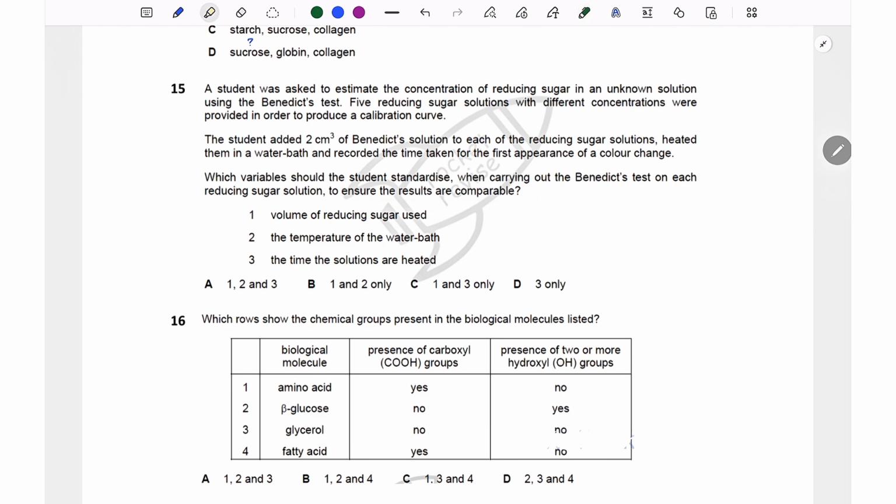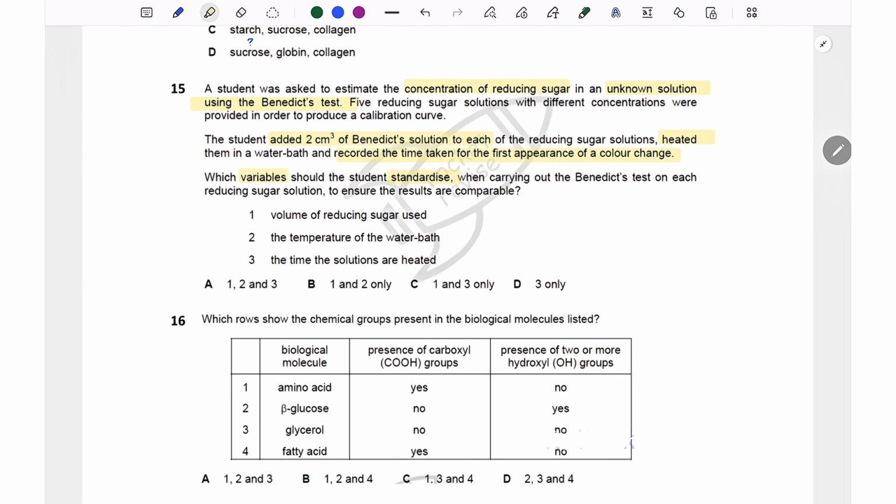So this is the concentration of reducing sugar in an unknown solution using Benedict's test, and they added 2 centimeter cube of Benedict's solution to each, and heated, and then recorded the time taken for the first appearance of color change. Which variable should they standardize?